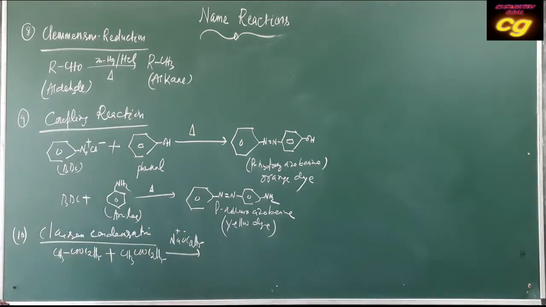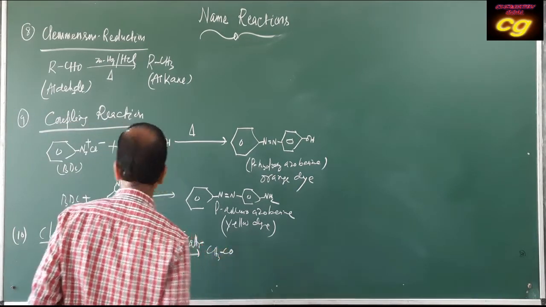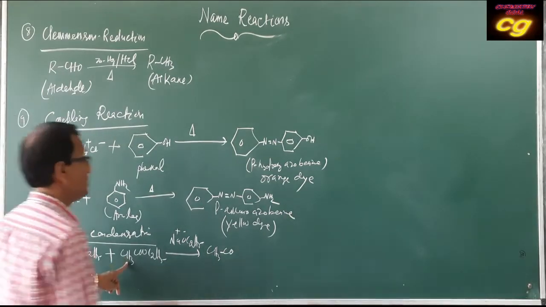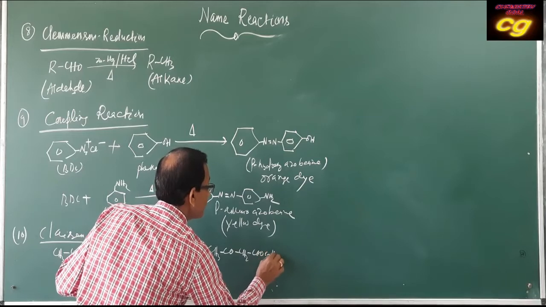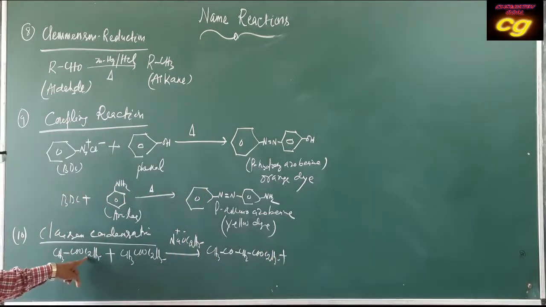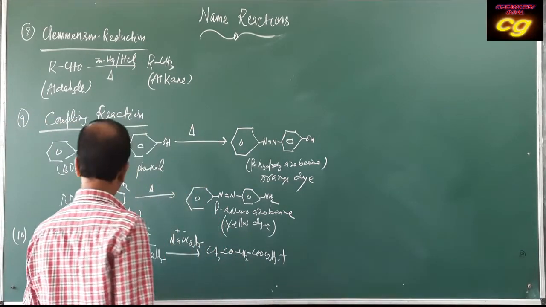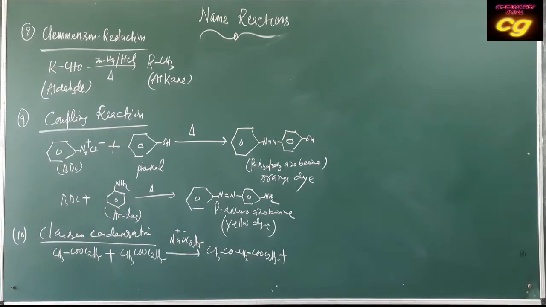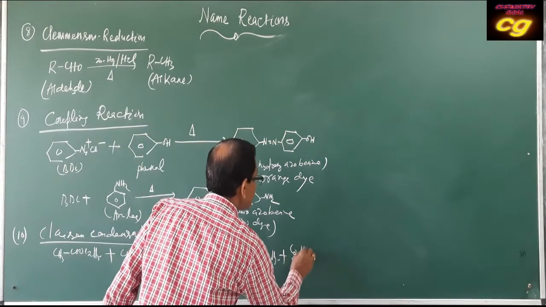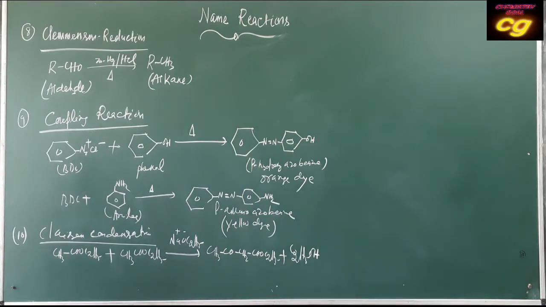Then the condensed product will be CH3CO CH2COOC2H5 with the loss of C2H5OH, alcohol, from ethyl acetate.